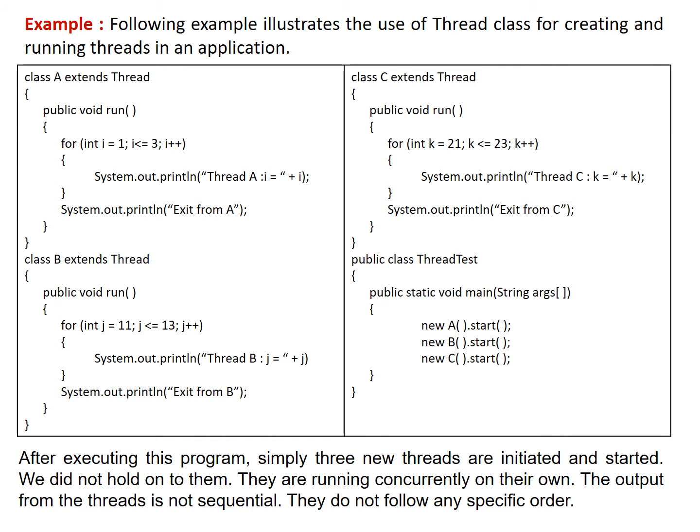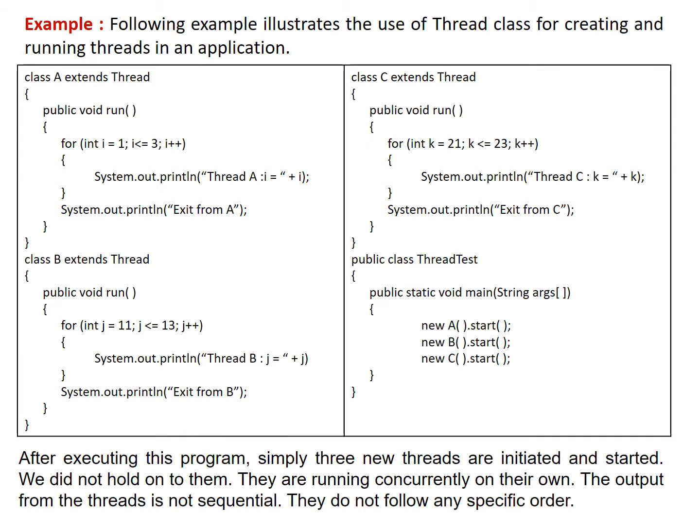And in the main method of the ThreadTest class, three objects of thread A, B and C are created, and the start methods of the corresponding objects are called. Here simply three new threads are initiated and started. We did not hold on to them. They are running concurrently on their own.